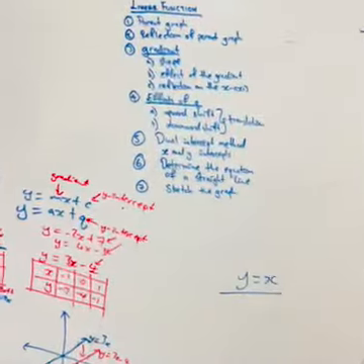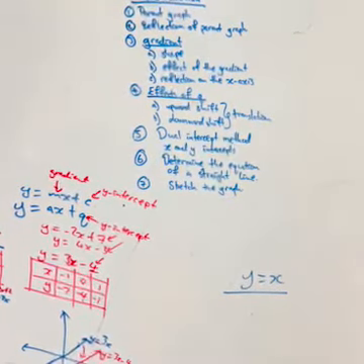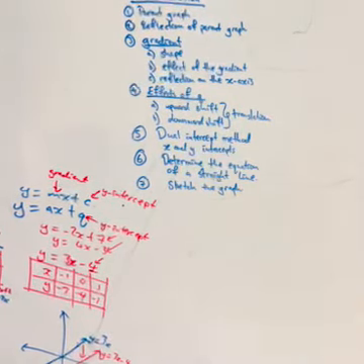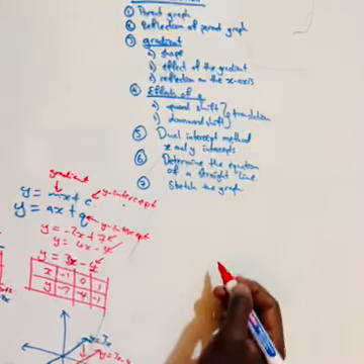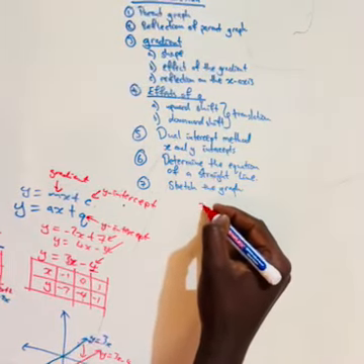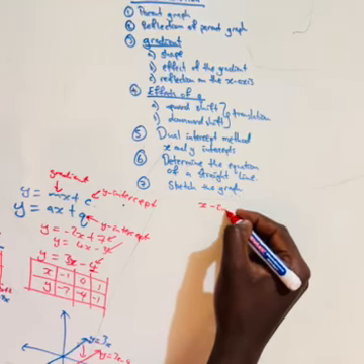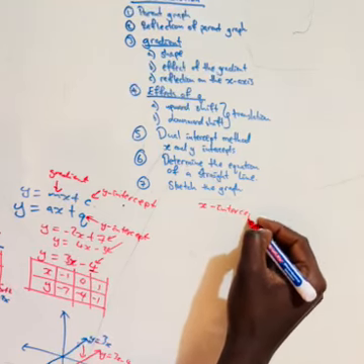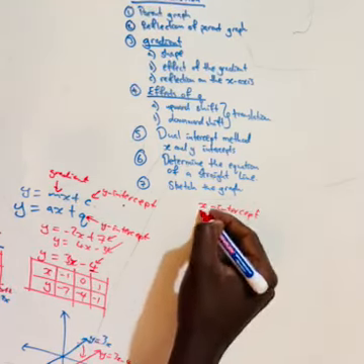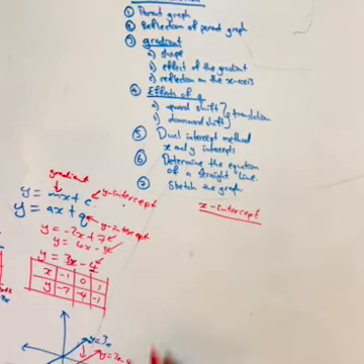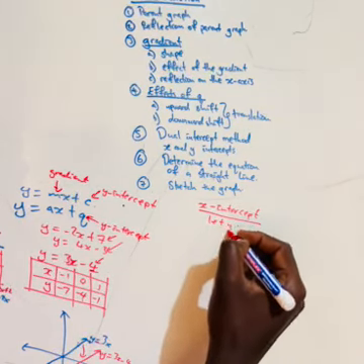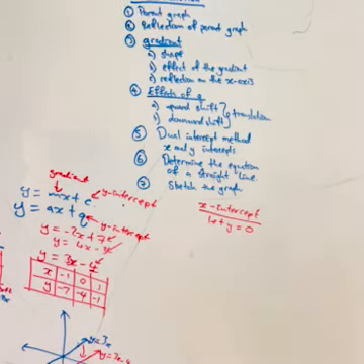Let's explore here. Now, if I'm given the instruction that you must find the x-intercept, the first thing that you do is that you let y equal to 0. Why are we saying that?